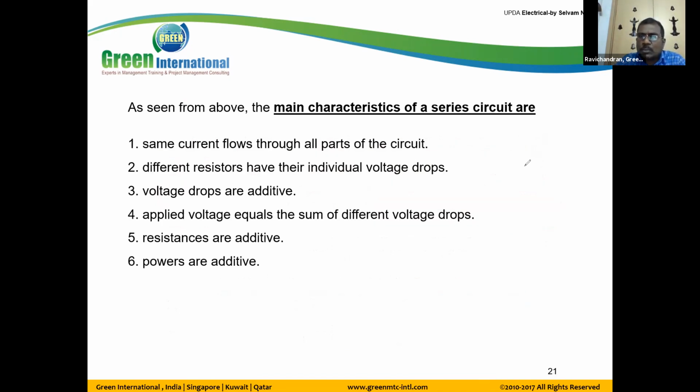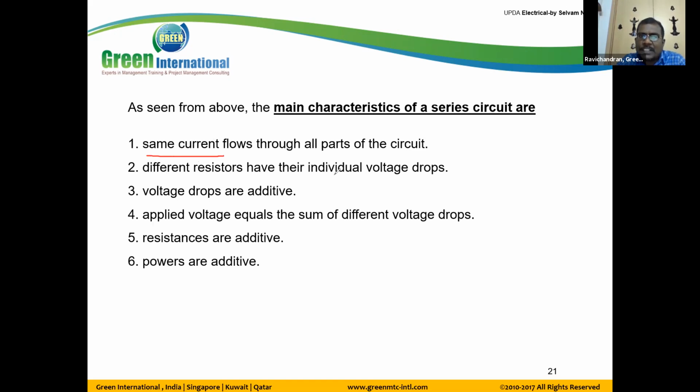So these are the important 6 points. From these 6 points, we solve more problems. And sometimes we have concept-oriented questions also, instead of problem questions. So in the series circuit, the current is the same.